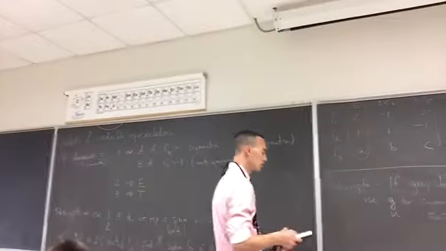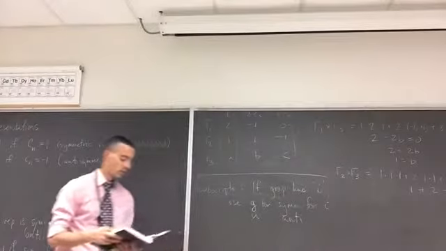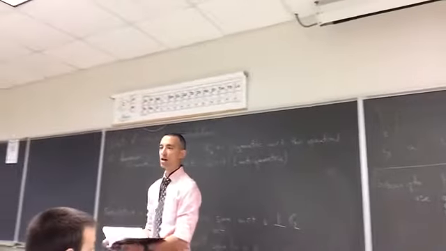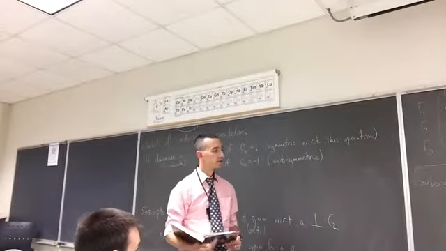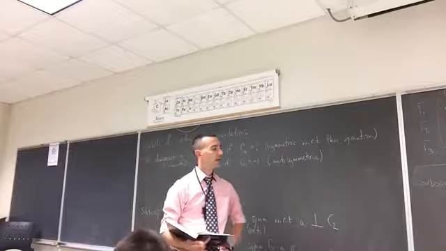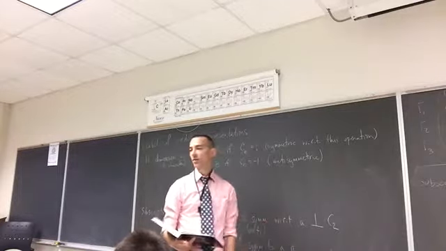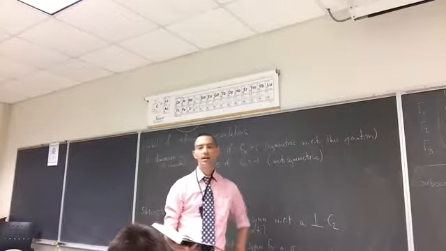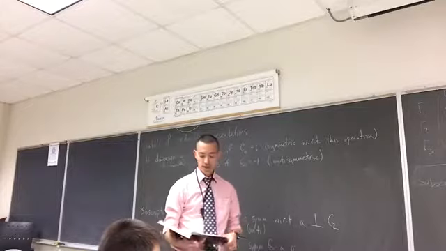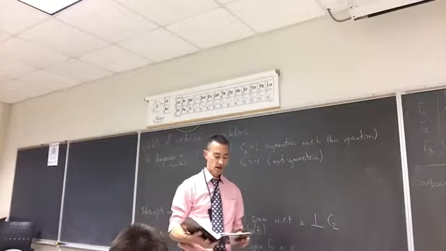G and U are meaning the words gerade and ungerade. I believe they're German, which means symmetric or not symmetric. So that's where those labels come from, gerade and ungerade.